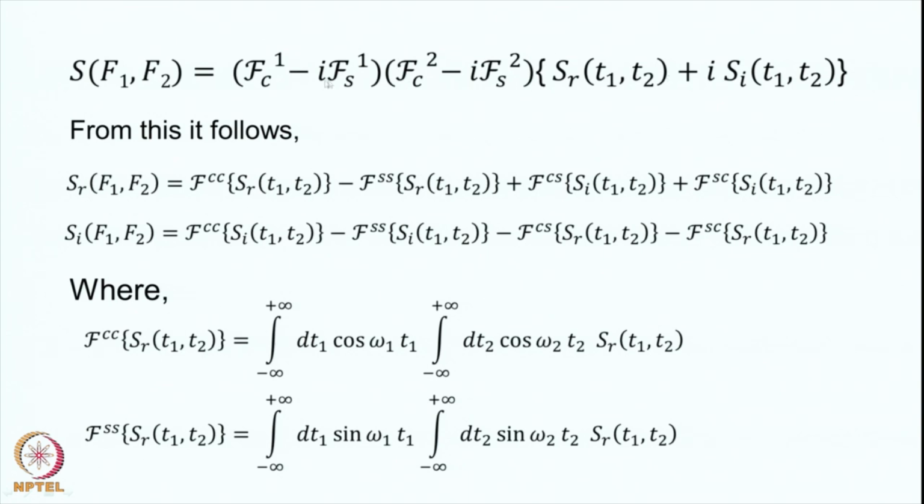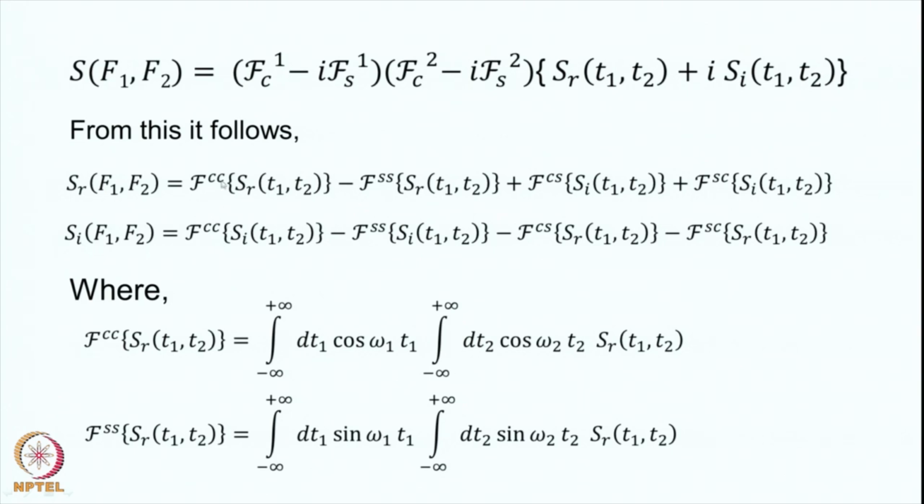So, Fc1, Fc2 operating on iSI(t1, t2). And then you have Fc1 minus iFs2. Individually you can calculate all of those. So, as the result of this, what do you get? You get the real terms, where we do not have the i part, and the imaginary terms as the frequency domain spectrum which has the i part.